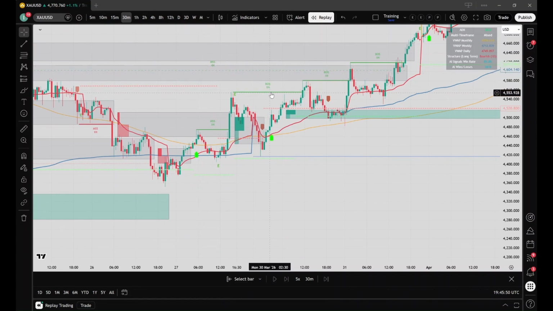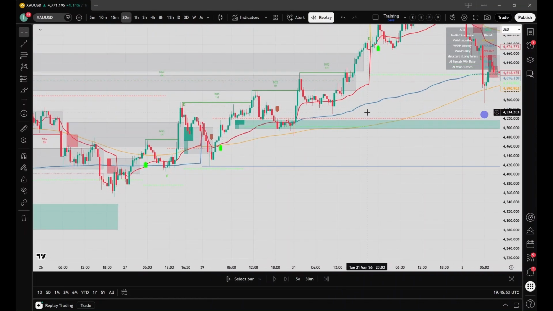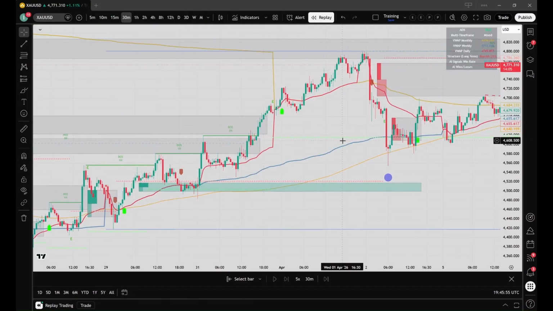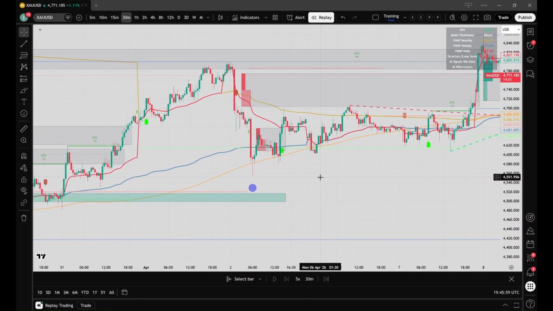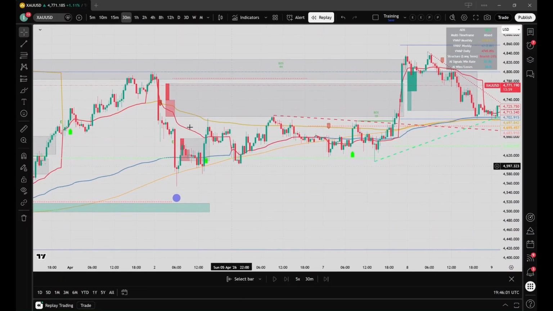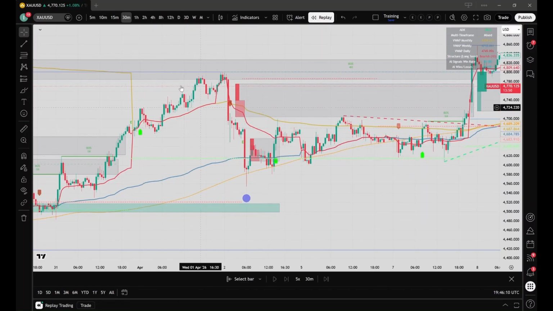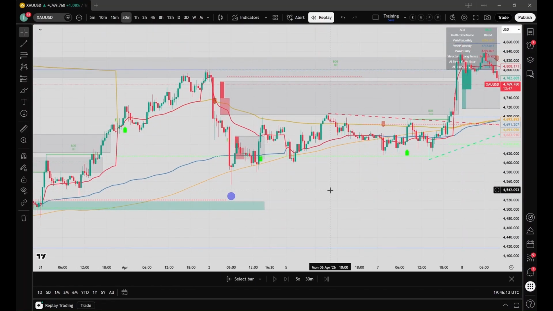You'll also see break of structures on the 1 hour chart. You'll also see them on the 4-hour chart. You'll even see the ones on the daily time frame occurring on your M30 chart. So no fiddling around and going from M30 to 4-hour to daily. That context is already compiled for you into a single view by design.